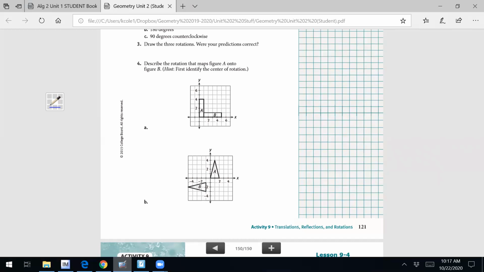Okay, so we're going 90 degrees clockwise. But who's going to be the center of rotation? Oh, you got the right point, but we're looking for an ordered pair. That's right, 1, 0.